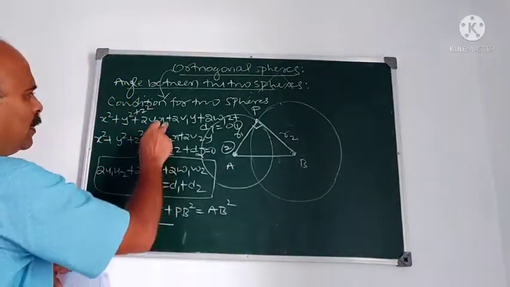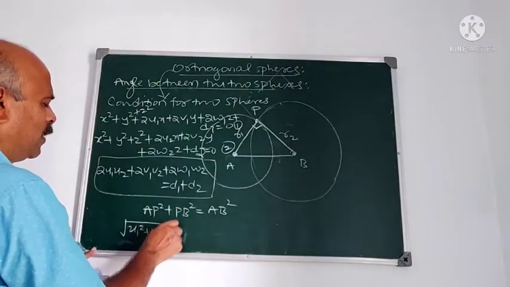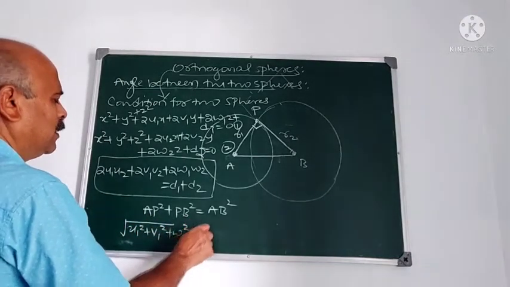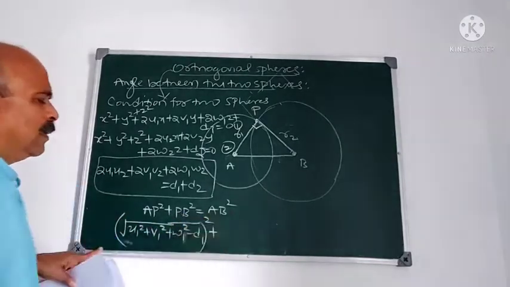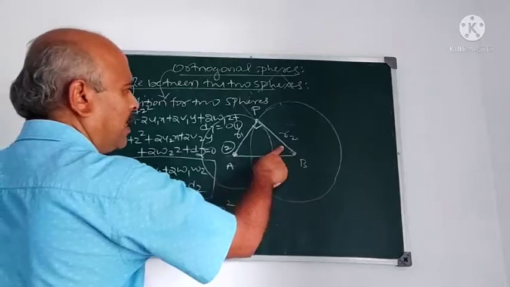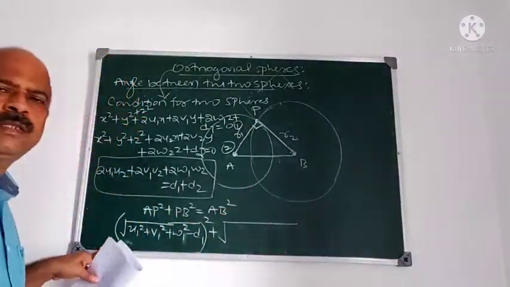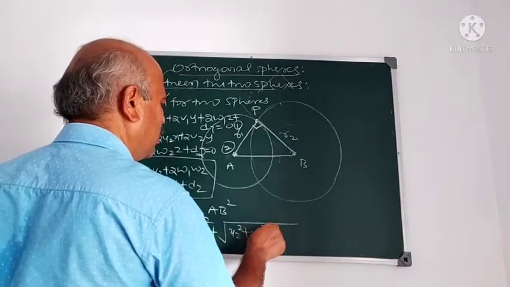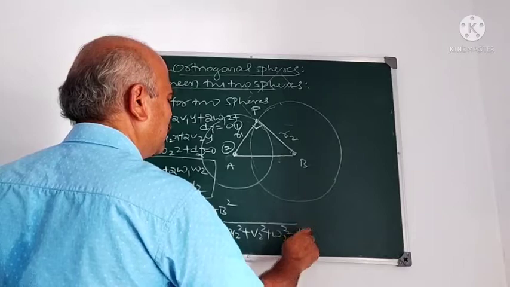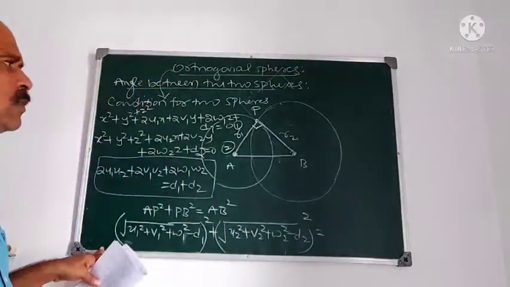The radius of the first sphere, which is the square root of u1² + v1² + w1² - d1, whole squared. What is PB? The radius of the second sphere. What is the formula for radius? It is the square root of u2² + v2² + w2² - d2, whole squared, equal to AB².